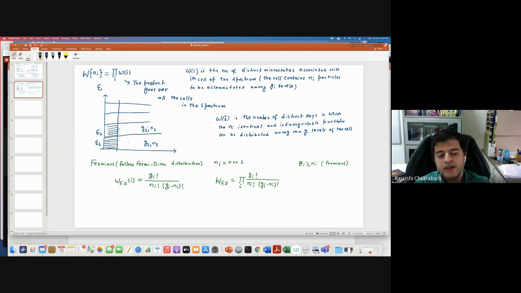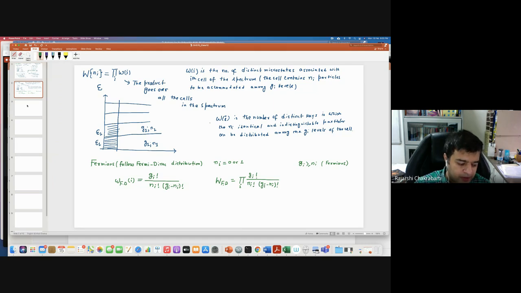You cannot have a situation where N1 is more than G1 for fermions. So for any given i, Gi has to be greater than or equal to Ni. The base case is Gi equal to Ni. This is how you distribute, and you take a product of that, which gives you the capital W.